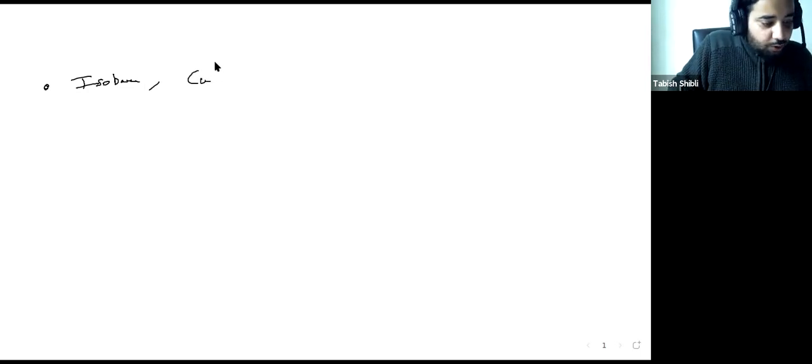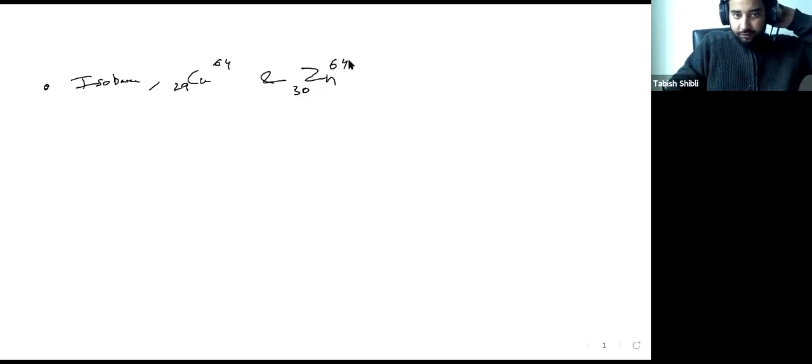Isobars: you have copper 64, with mass number 64 and 29 as the atomic number, and zinc, which has atomic number 30 and mass number 64, is the isotope 64 that we're using here. And we have their masses.